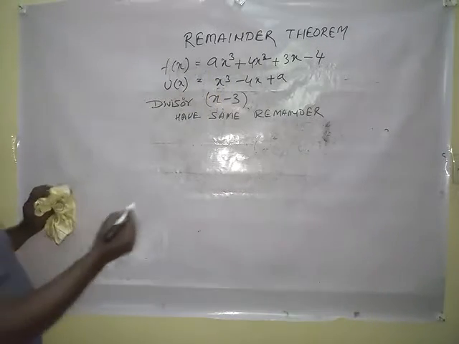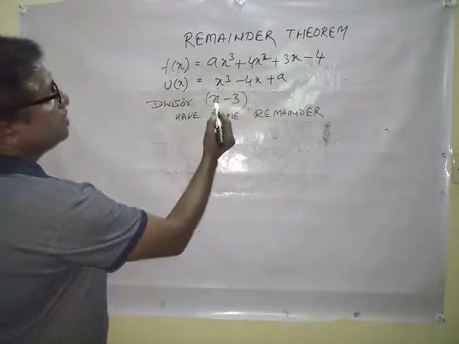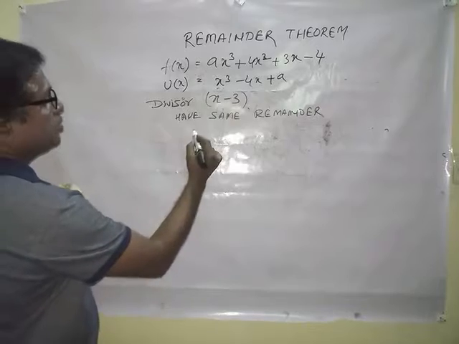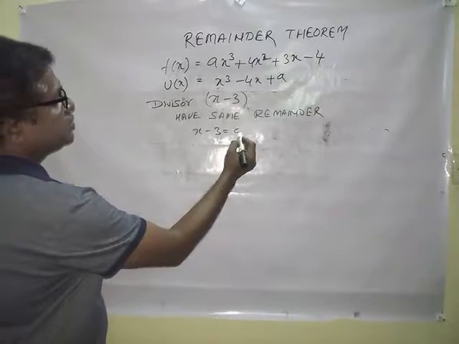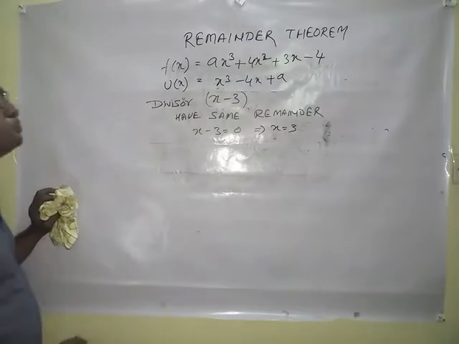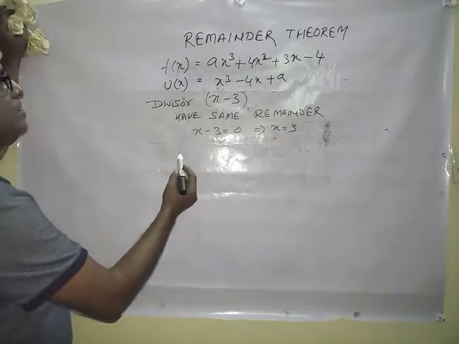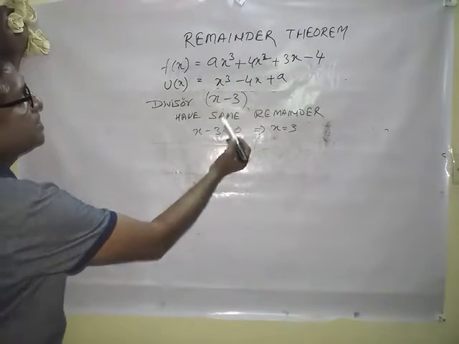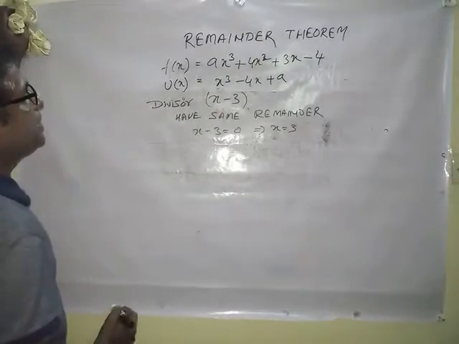So first of all, what will be the value of x? With the remainder theorem, x − 3 = 0, so x = 3. And what it is saying is that when this equation is divided by this and that equation is divided by that, they will have the same remainder.